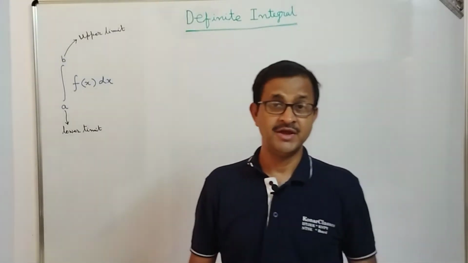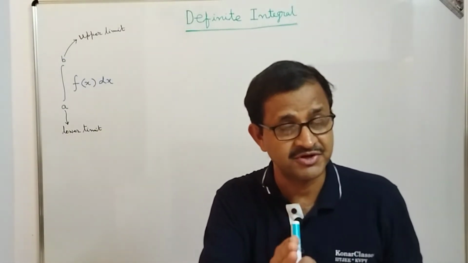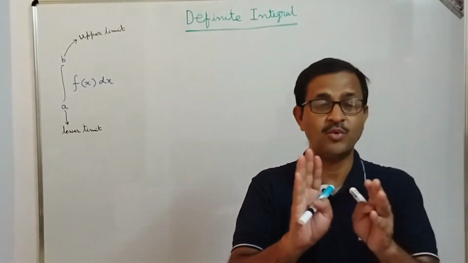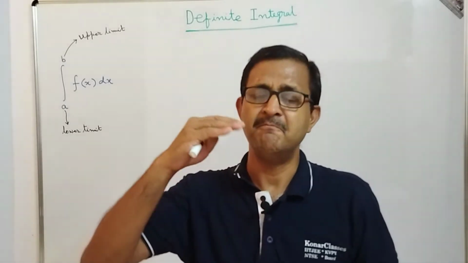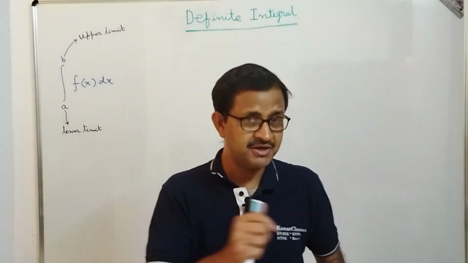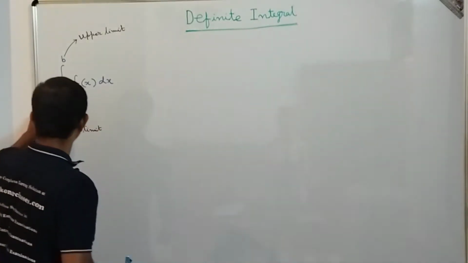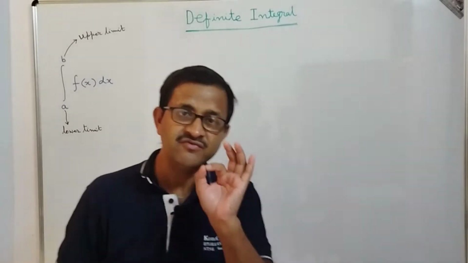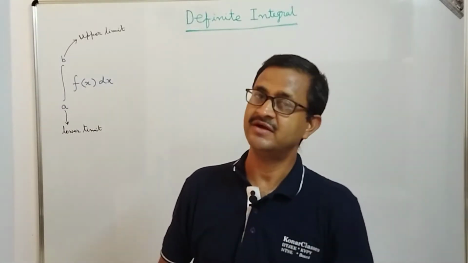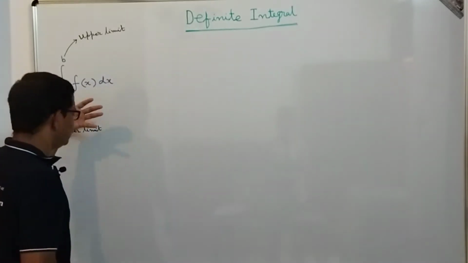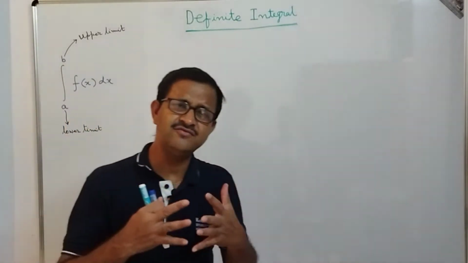Because of this integrating constant, the value of the indefinite integral was not fixed. It could have many values, hence the name indefinite integral. But here the value of the integration from a to b of f(x) dx is a fixed, definite value, hence it is known as definite integral. But what does it signify?